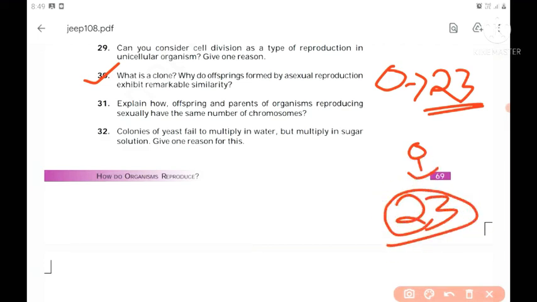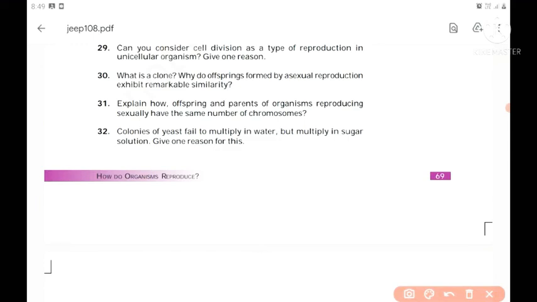How is this possible? This is possible because halving of chromosomes happens during gamete formation. So that's the reason the offspring have the same number of chromosomes as the parent.